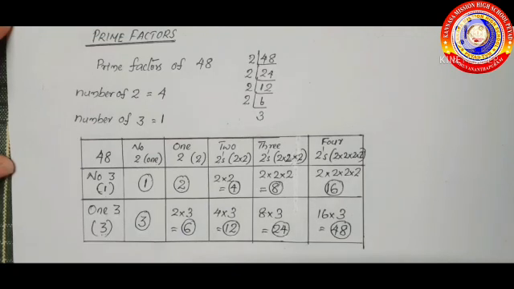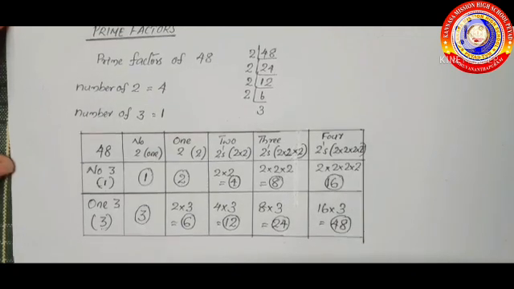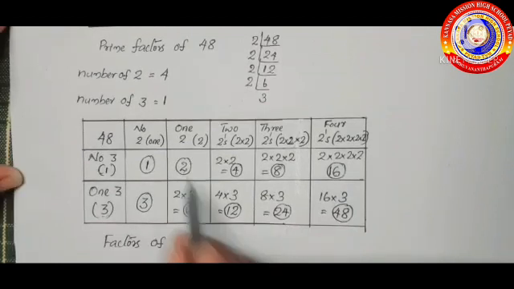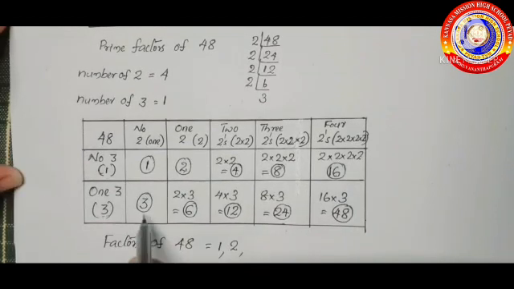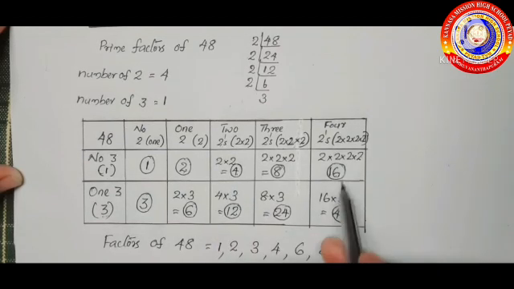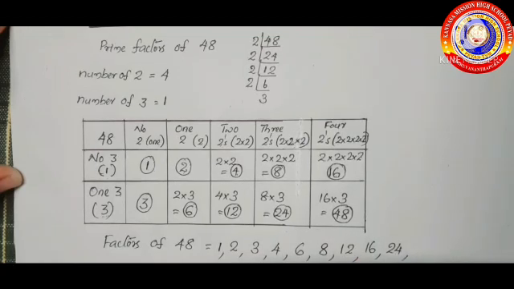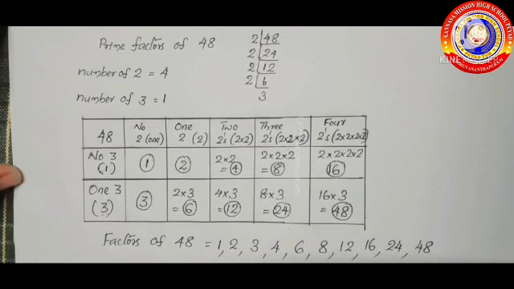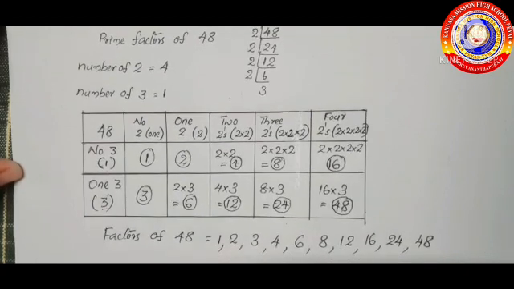That is, the factors of 48 in ascending order are 1, 2, 3, 4, 6, 8, 12, 16, 24 and 48. In this method, first we find the number of prime factors through which we have to find the factors.